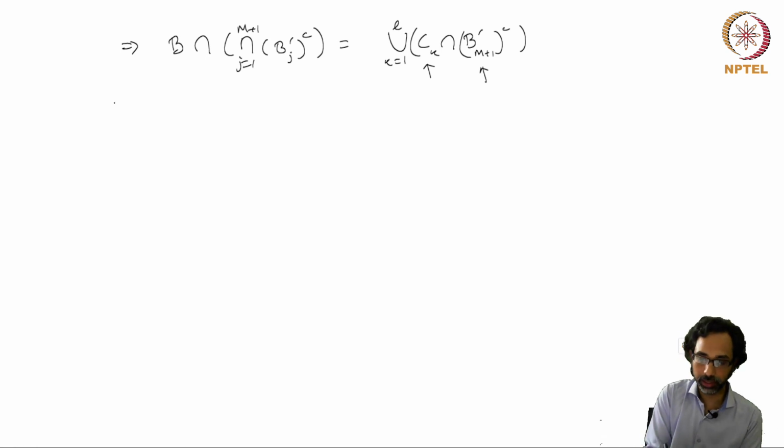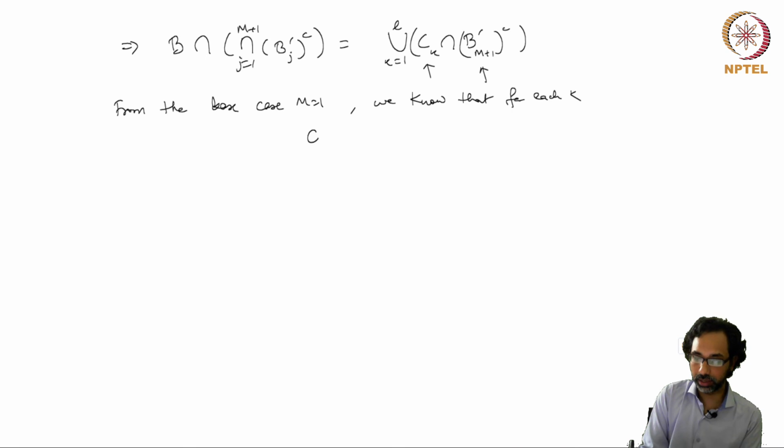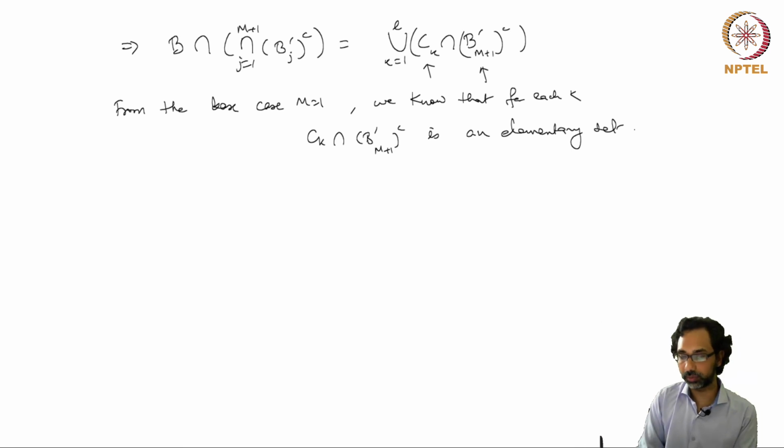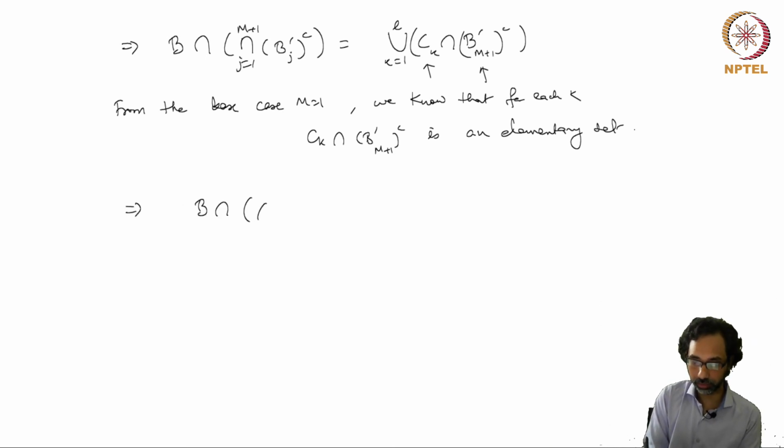So we have already proved from the base case m equal to 1 that for each k, Ck intersection B prime m plus 1 complement is an elementary set. So we have already shown this. Therefore, now we have again a finite union of elementary sets. This implies that B intersection of m plus 1 Bj prime complement is an elementary set.